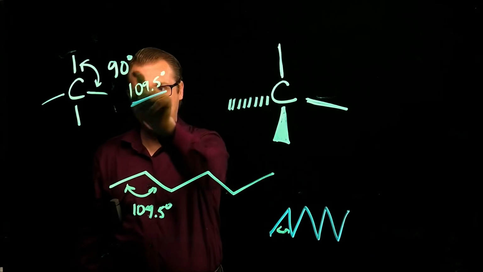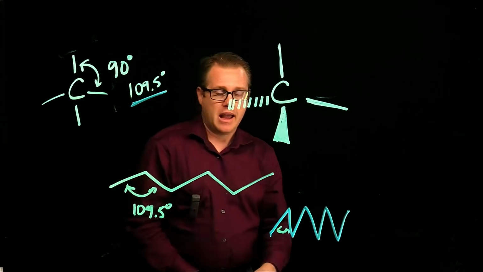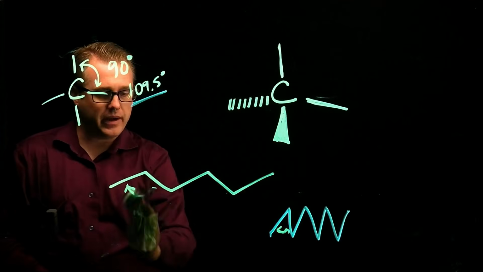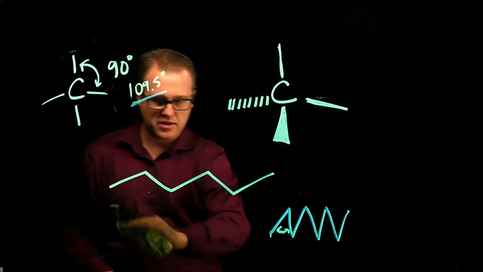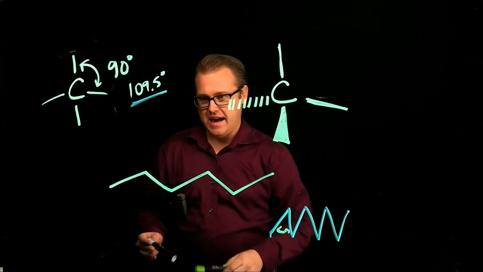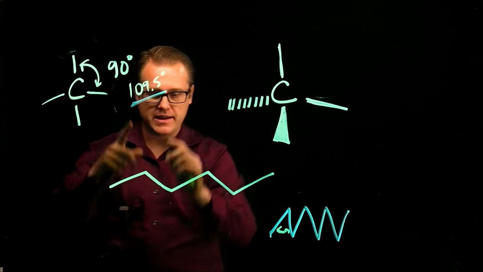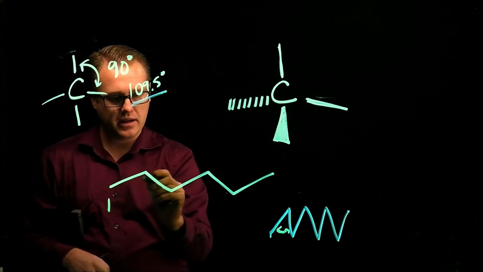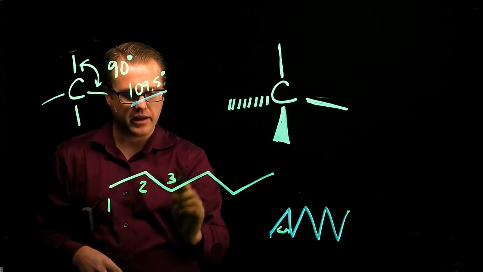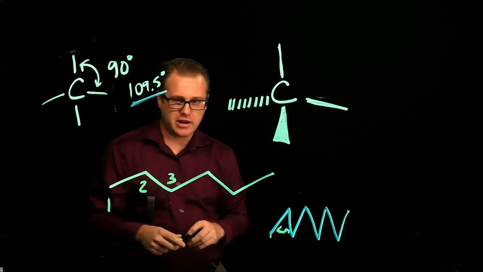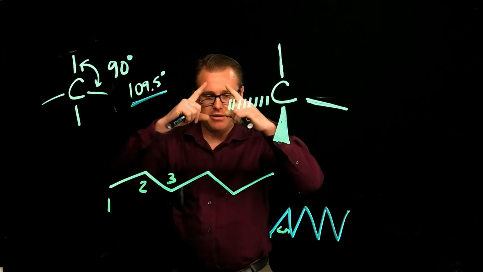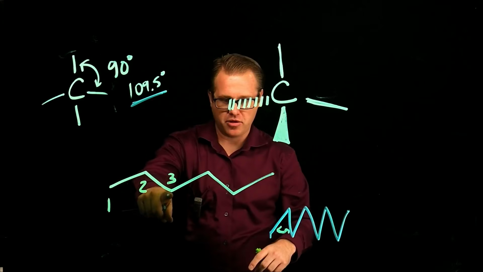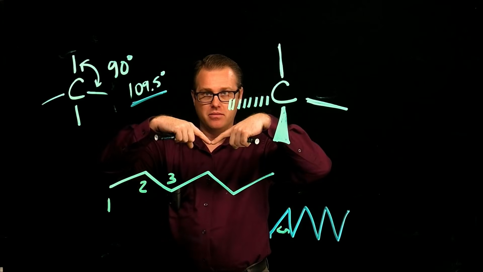We're representing this angle. And so when we have a zigzag structure, how do we represent the wedges and the dashes? Well, the wedges and the dashes are quite simple here. Let's number the carbons. 1, 2, 3. Now when you take a look at carbon 2, do you see how its apex is pointing up? And then when you look at carbon 3, the apex is pointing down.